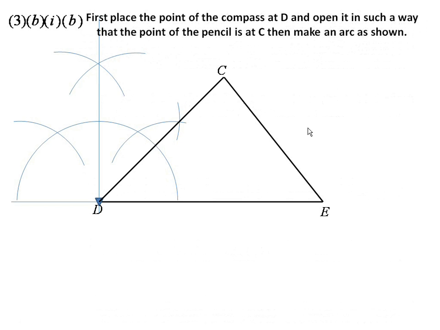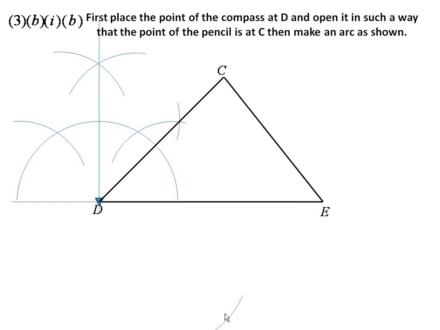Place the point of the compass at D. So put the compass point here and open it in such a way that the point of the pencil is at C. What does that achieve? We are trying to get the same length as DC down here. So there's our arc. And we need to get the same length as CE over this side also.